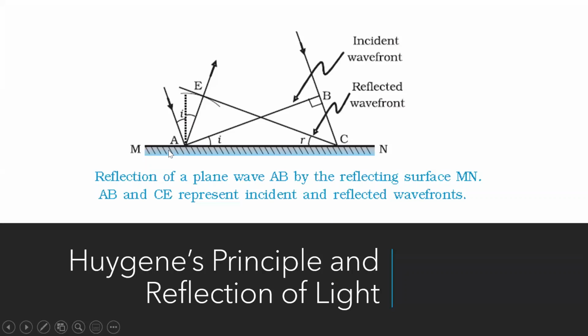Now, we know that if you have two light rays and you draw one line perpendicular to them, that will show you the wavefront. So these two lines are the incident rays, and this line AB is drawn perpendicular to both incident rays. So this represents the incident wavefront.